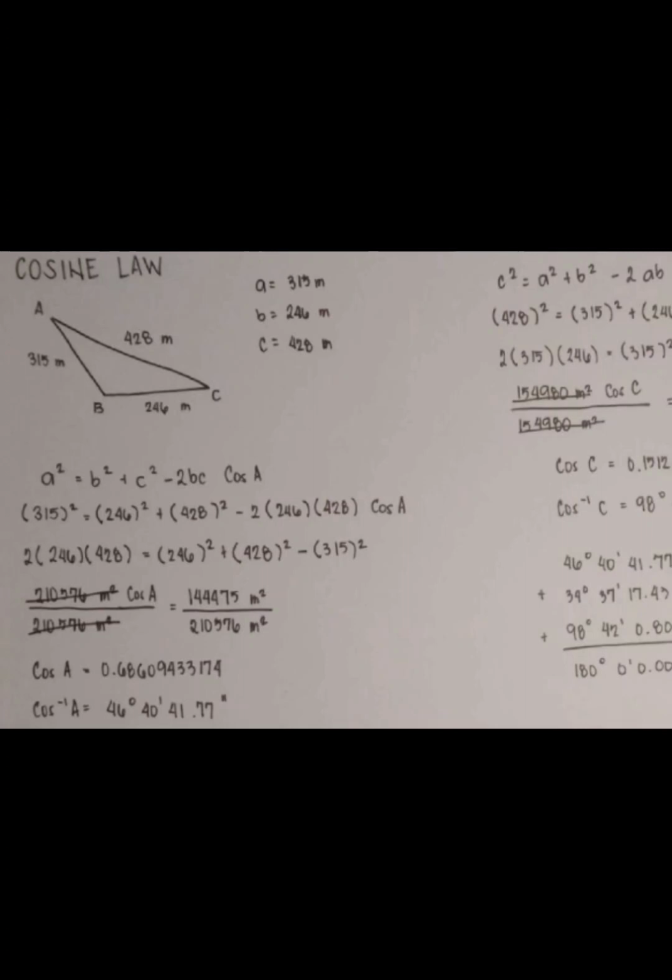For letter a, we have 315 meters. Letter b is 246 meters. And letter c is 428 meters.